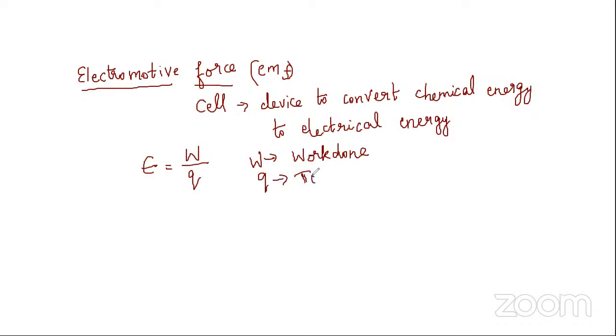When you divide the total work done by the total charge, you get the work done to move a unit charge. So that work done to move the unit charge around the complete circuit is called EMF.